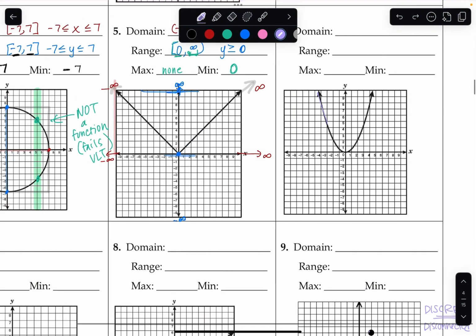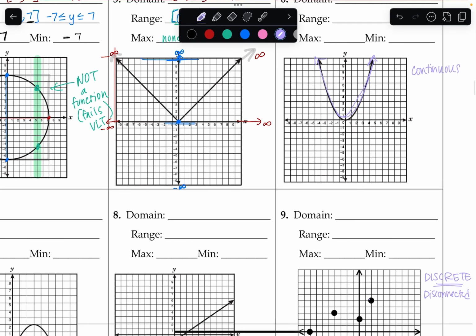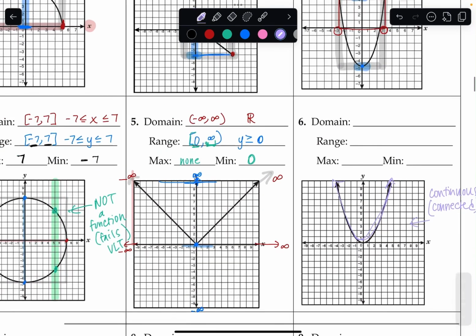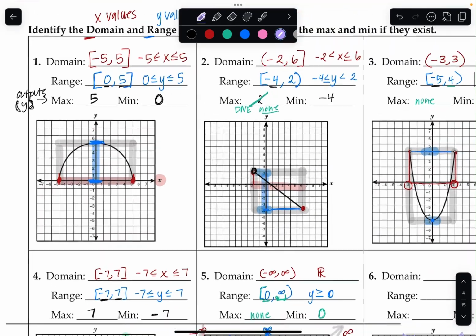Over here, we had what's called a continuous graph. And so when you think of the word continuous, don't think unbounded. Continuous doesn't mean it goes on forever, which can be confusing. Continuous in math means it's connected, meaning you can draw it without picking up your pencil. And so every single example we've done so far is continuous.